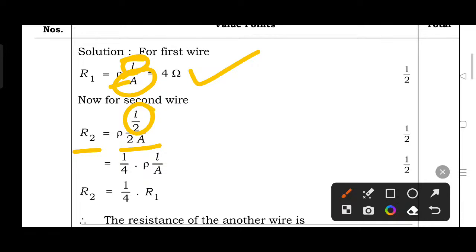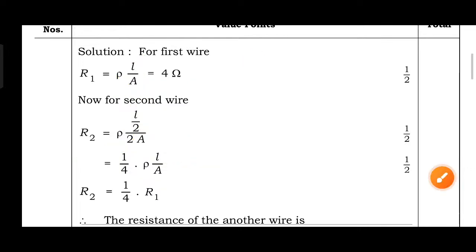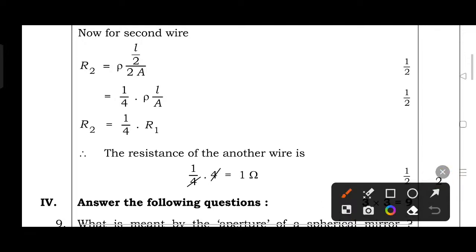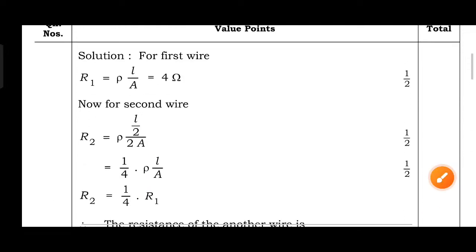Rho remains as it is, L by A as it is. Then this 2 comes downwards, so it turns into 4, or 1 by 4. That's why it is 1 by 4 rho L by A. This is the simplified form. R2 is equal to 1 by 4 rho L by A, which is nothing but R1.